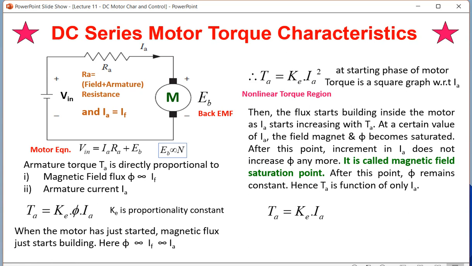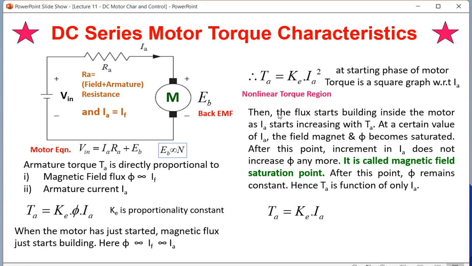After that point, phi will be a constant. So phi will get multiplied with this constant, and now this K actually has a constant phi in it. In that case, TA will become constant into IA, because phi has already saturated.